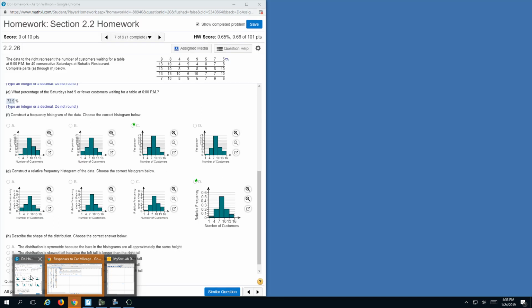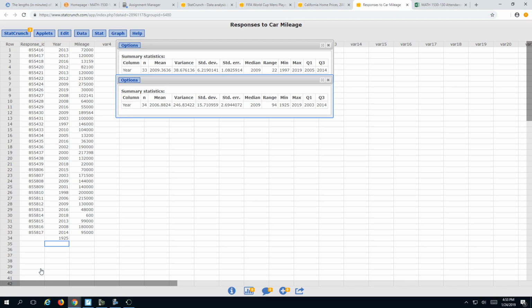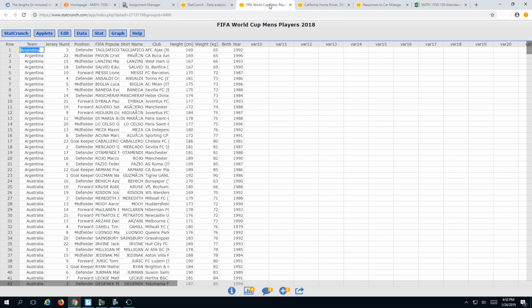So I want to show you, I have this data set. It is the entire roster of every World Cup team in the 2018 FIFA World Cup. So I have every player, I have their name, their team, their position, and a bunch of stuff, but I want to look at their weights in kilograms.